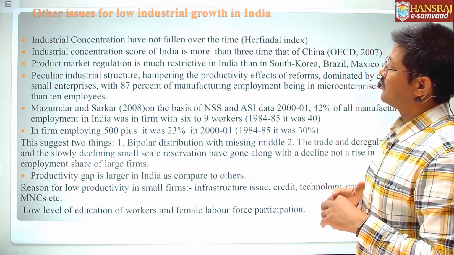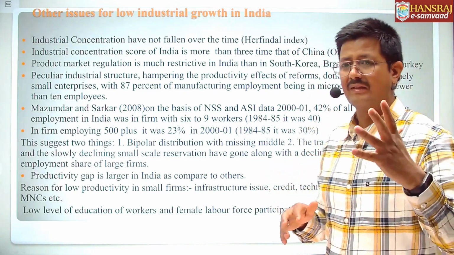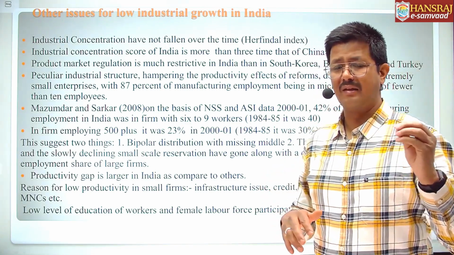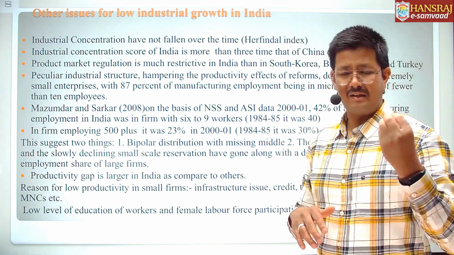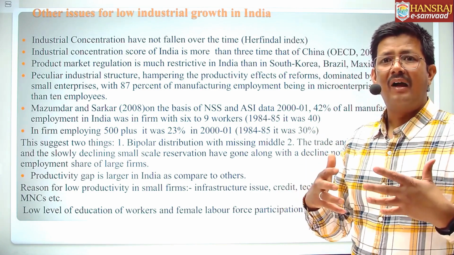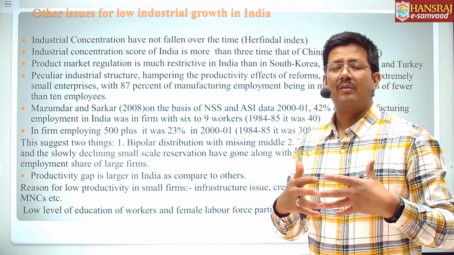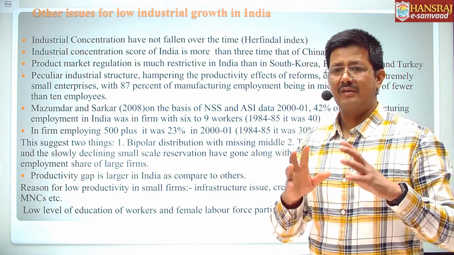And other issues for low industrial growth in India. Apart from these two policies, labor laws and the reservation of products under small scale industries, some other reasons behind slow industrial growth in India are well documented.